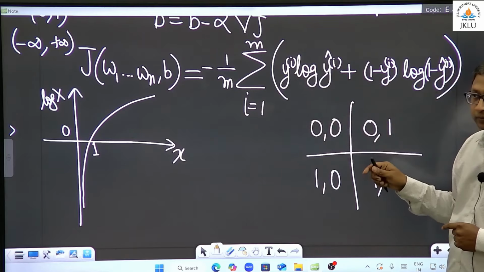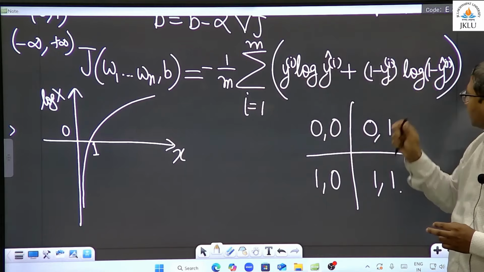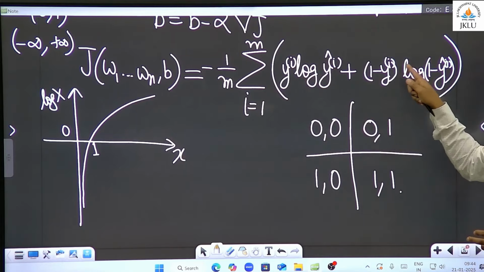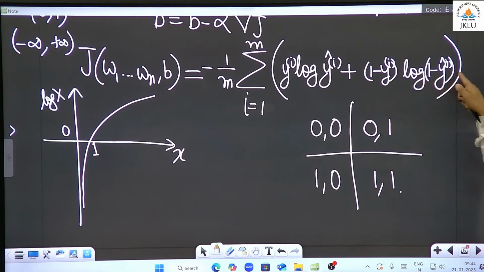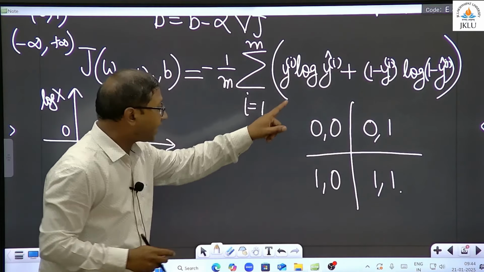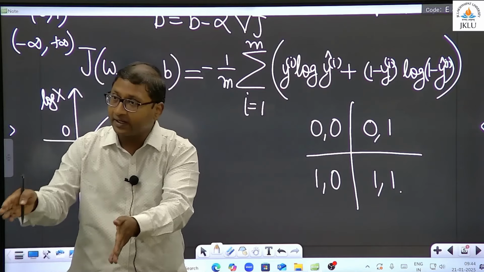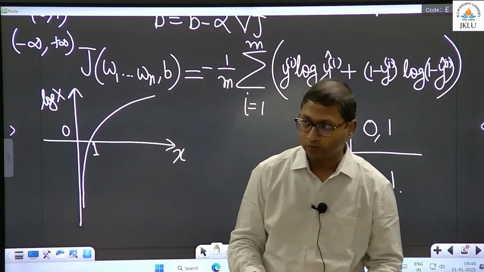If yi is 0, this term goes to 0. If yi is 0, this term goes to 1, but then this term goes to 0 because it is log 1. So if the answer is 0 and I am predicting 0, how much penalty do I get? 0.